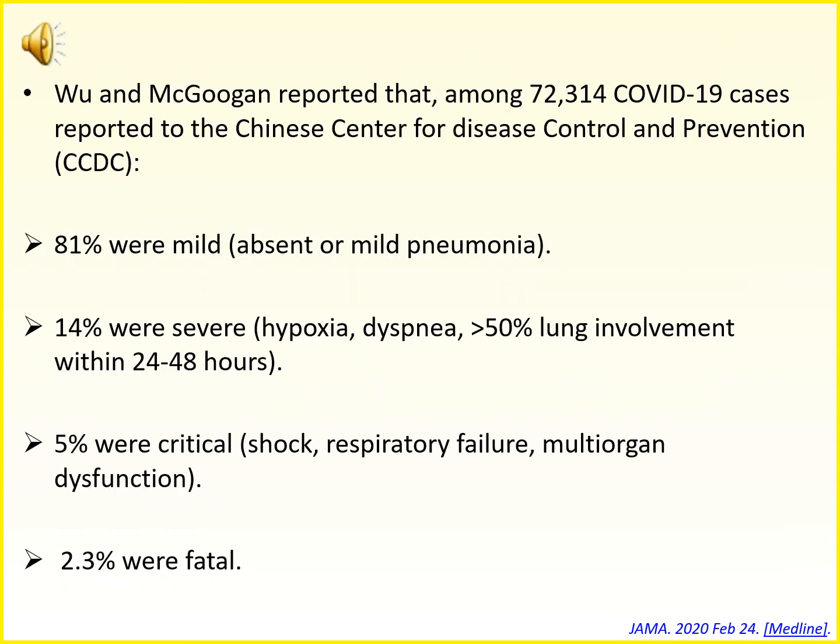Among تقريبا 72,000 cases من الكوفيد 19 reported to the Chinese Center of Disease Control and Prevention, 81% كانوا mild، كان فيهم absent or mild pneumonia. 14% من patients were severe اللي هم بلاقي فيهم hypoxia, dyspnea، واكثر من 50% of the lung involvement within 24 hours to 48 hours. 5% were critical, where there is shock, respiratory failure, and multi-organ dysfunction. 2.3% were fatal.